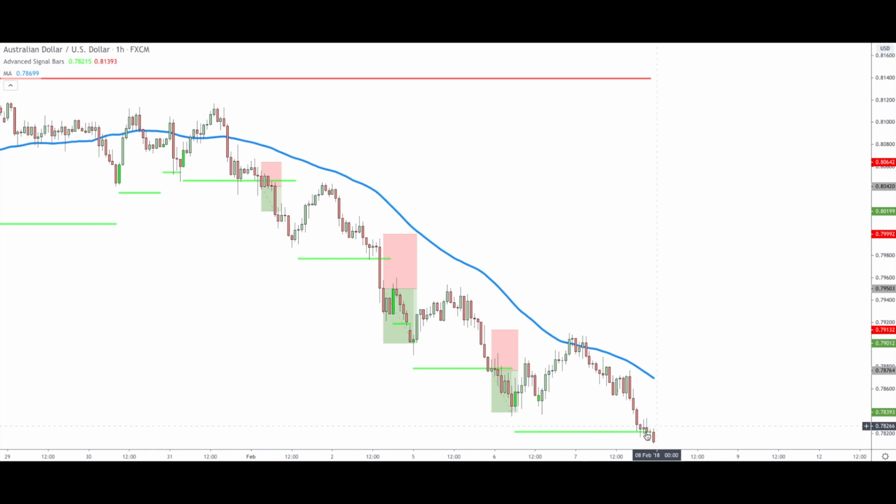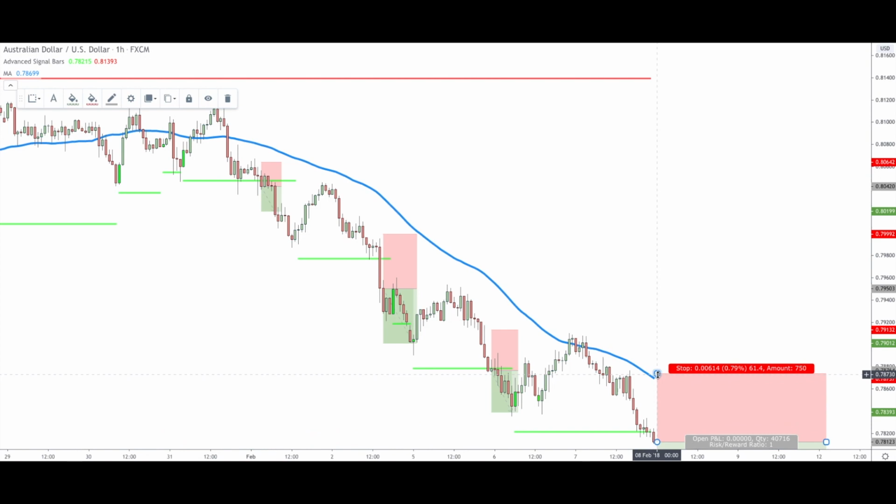Looks like we have yet another one. This situation was kind of weird because it looked like it was broken down, but it was barely not. So I prefer to wait a few more candles, and then we have a candle which is significantly lower, so I'm trading this one. So the trade now looks like this.